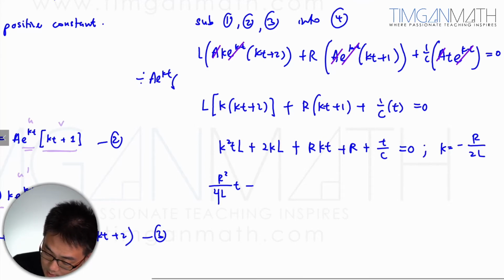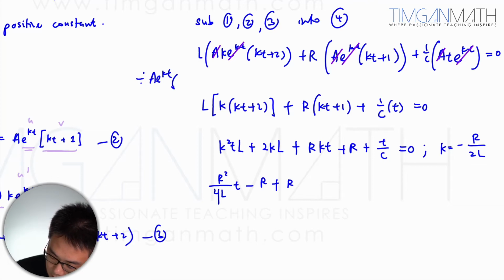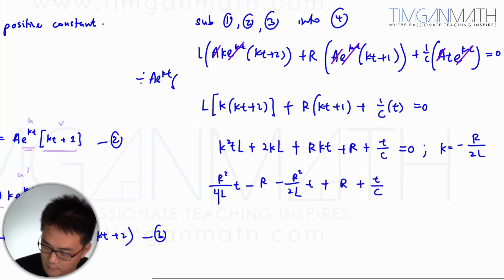Cancel off 2k, negative R, and plus R, negative R squared over 2L. So this is negative R squared over 2L times t plus R plus t over C.